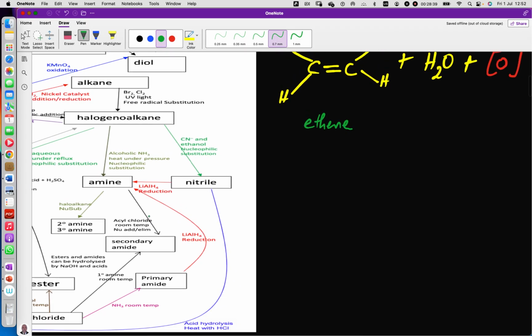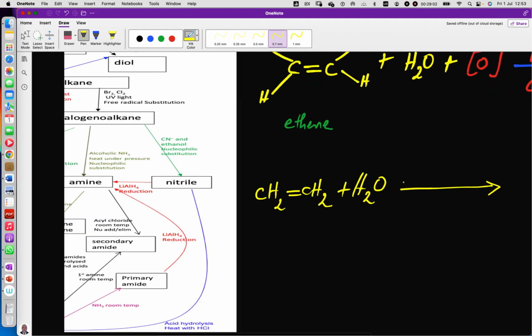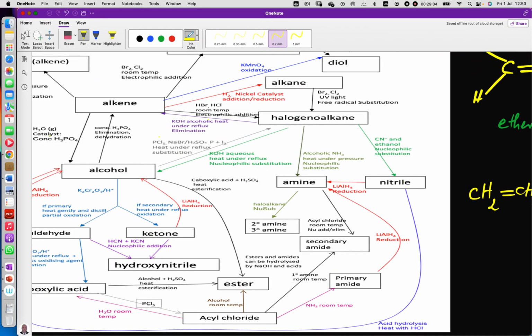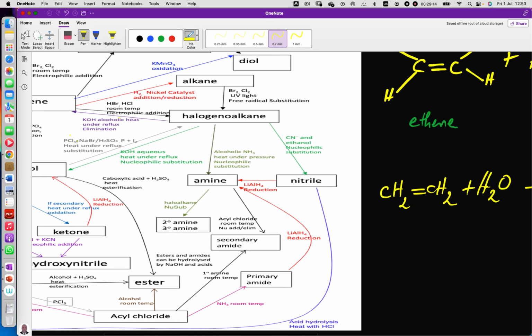So alkene, let's say CH2=CH2, plus water, through concentrated phosphoric acid.